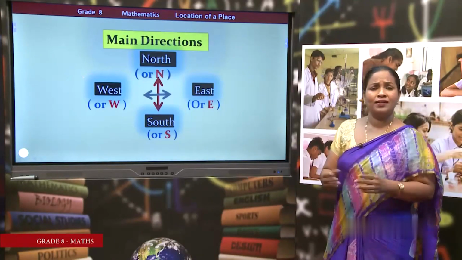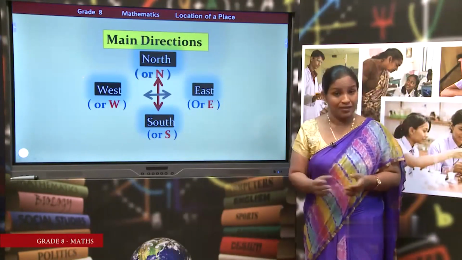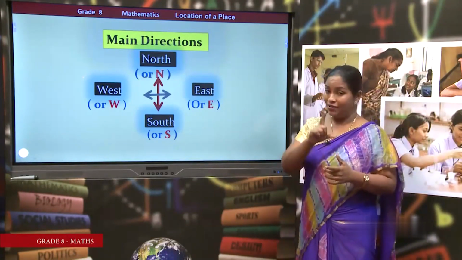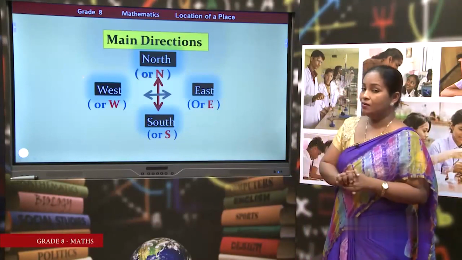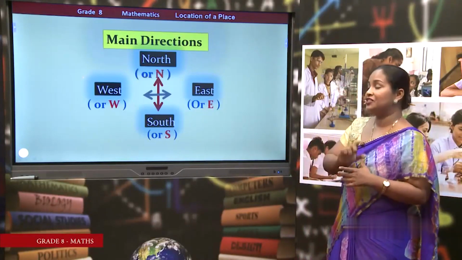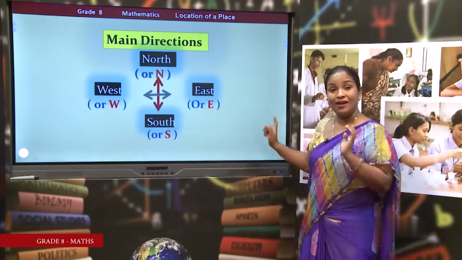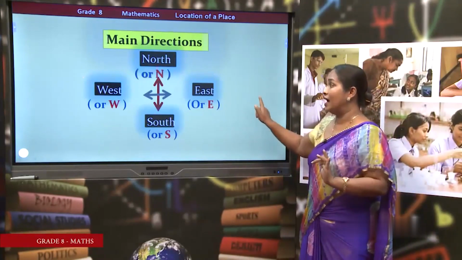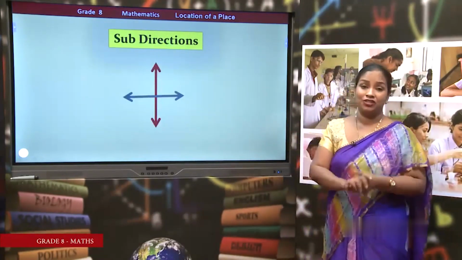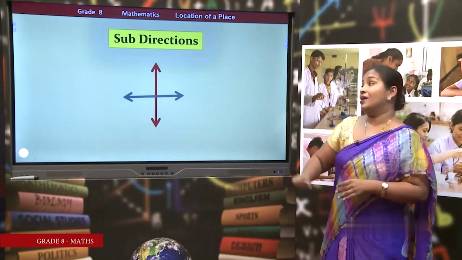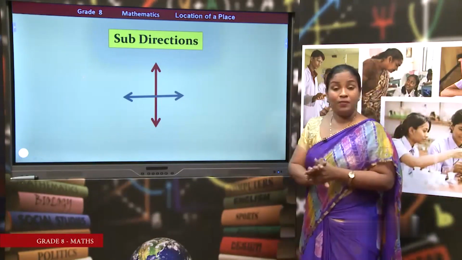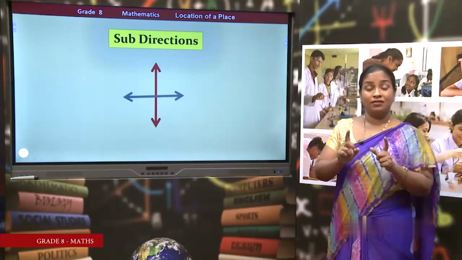What else do you know about directions? Do you know some other directions? I know. I can hear you. Yes. Shall we check them? There are some other directions. They are called subdirections. When we talk about subdirections, I want to tell you something very, very important in this lesson.